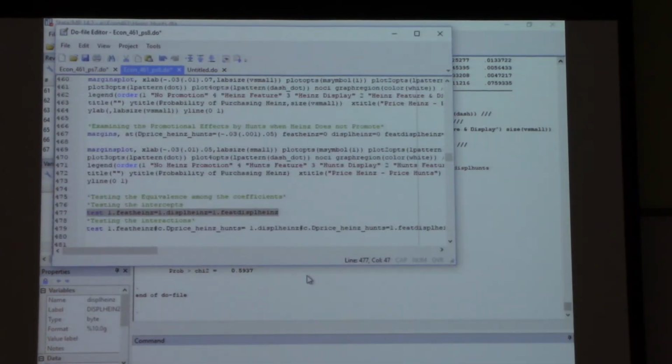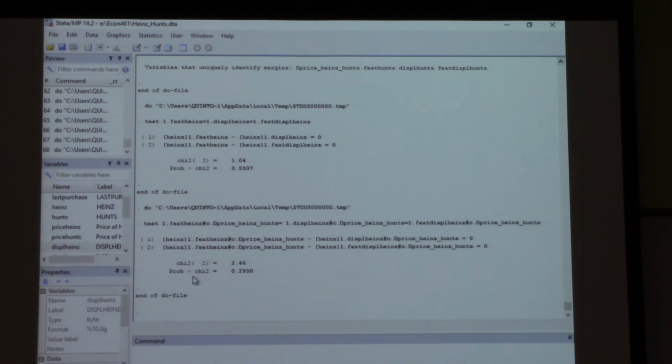You can also test the interactions, which are the slopes. Again, here we're saying that the slopes are all the same, and we're rejecting that as well.